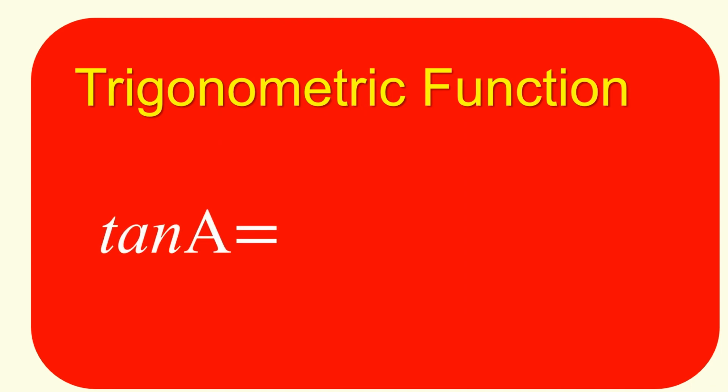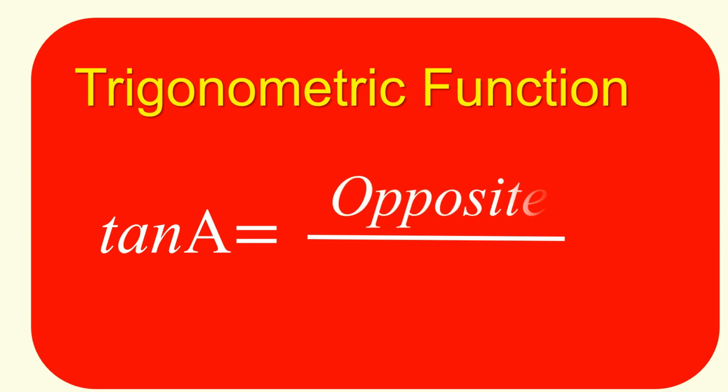Trigonometric function. Tan A is equal to opposite divided by adjacent.